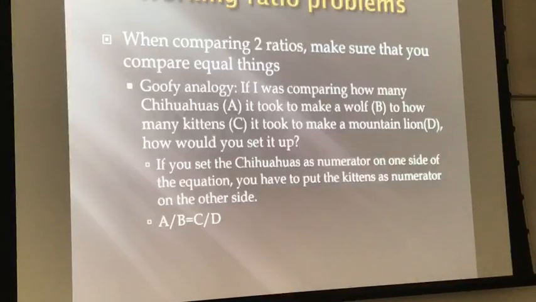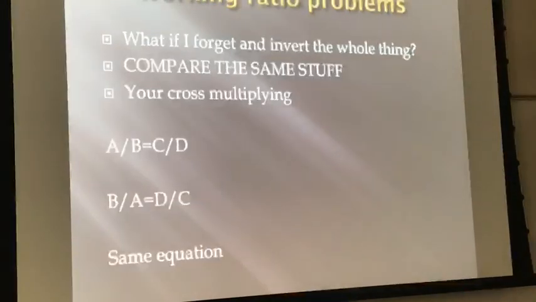So when you're comparing two ratios, make sure that you compare equal things. On your projected field size, you want to make sure that you align the same variable on both sides of your equation.